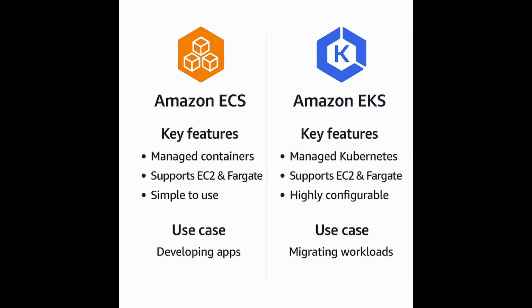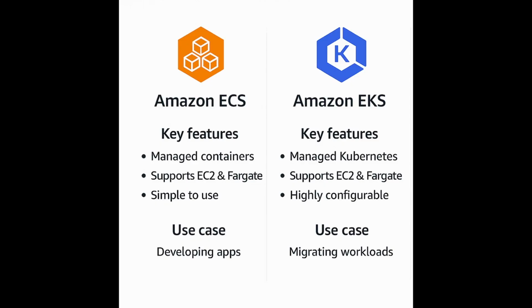Let's break them down. Amazon ECS stands for Amazon Elastic Container Service. It's ideal if you want something streamlined and integrated, but you can still define your application's container images and resources such as EC2 instance type and load balancer. ECS automatically manages the containers and their infrastructure based on the parameters you set.